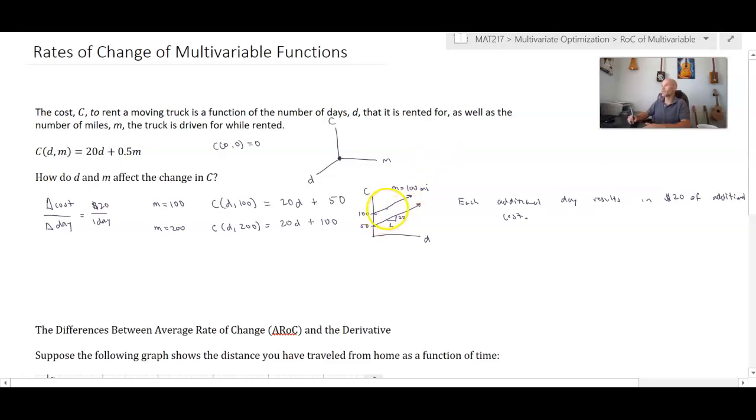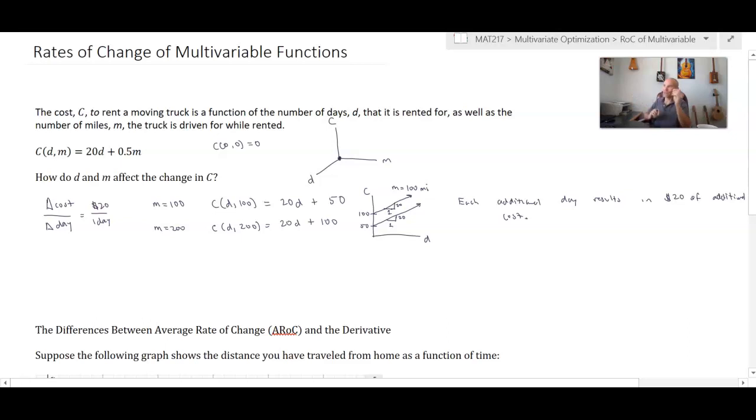It still has the relationship that every additional day will result in an increase in cost of $20. That's how I can start to unpack this, by thinking about how the change in only one input affects the output when I'm holding the other one constant.